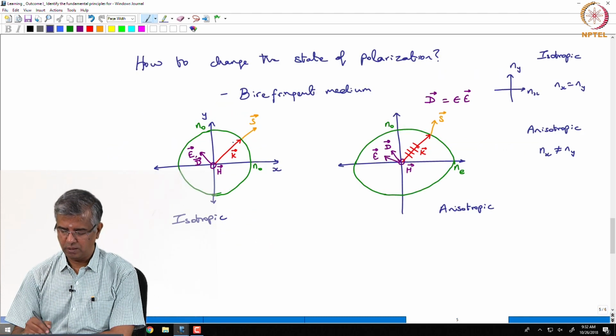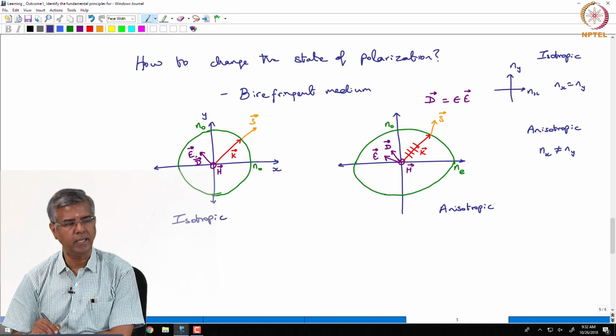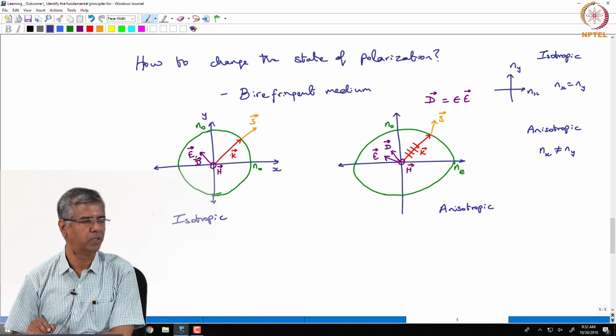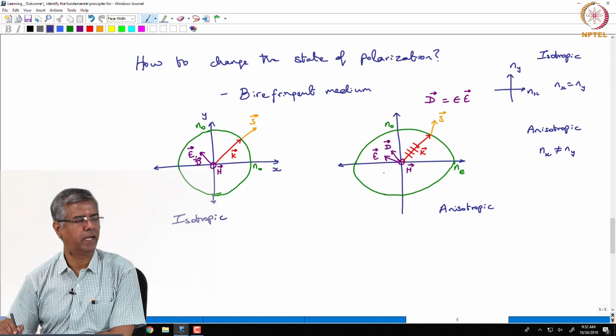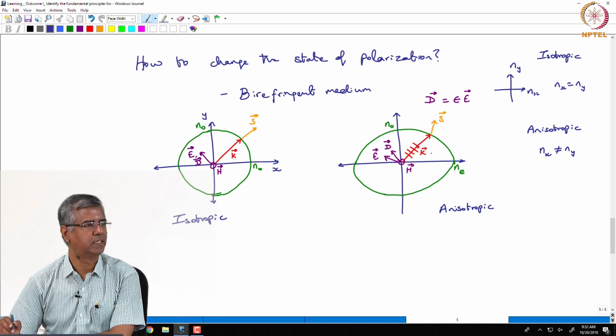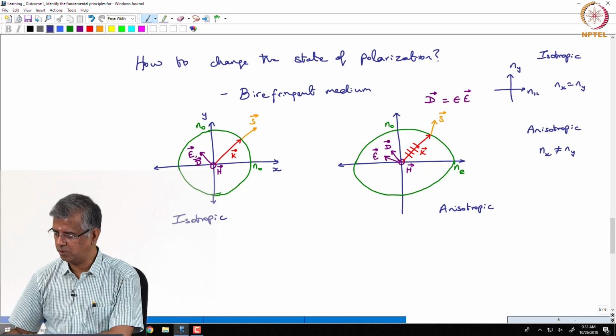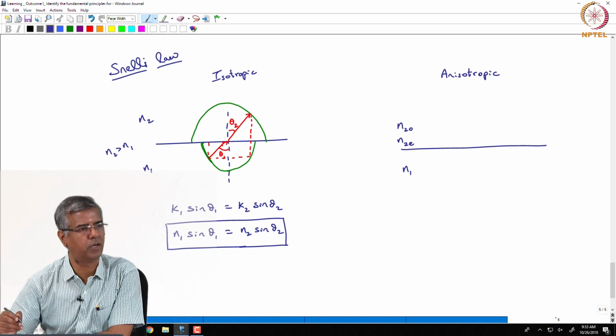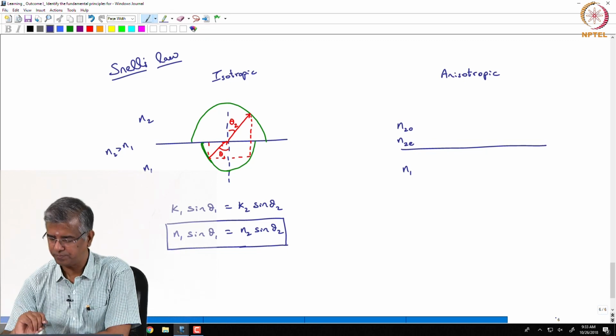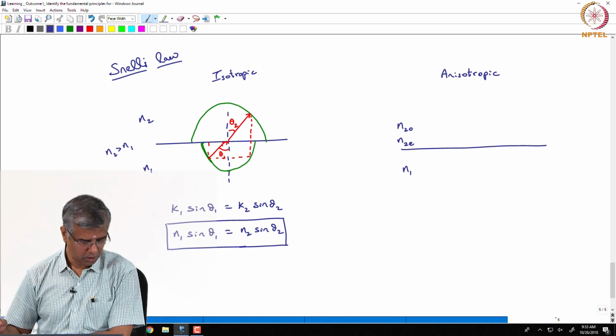Meaning, if in one direction it is seeing just an isotropic material, that corresponds to an ordinary wave, but in the other direction it might have a different refractive index, and in that direction you would actually have this extraordinary wave come into the picture.